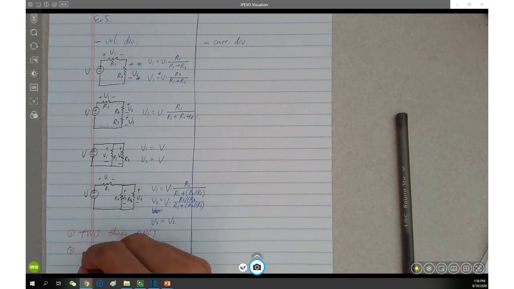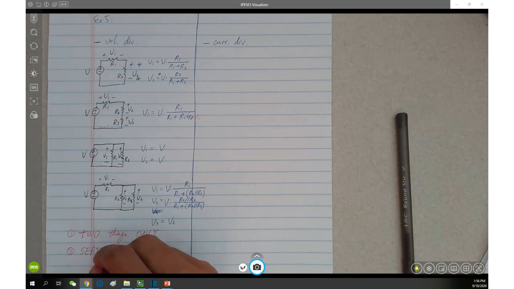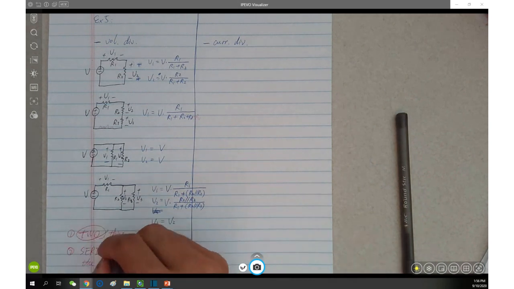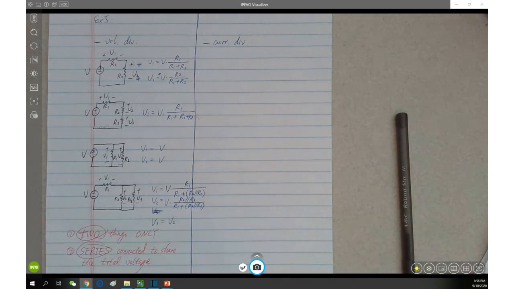Second thing is series connected to share the total voltage. Here I'm emphasizing two things. One is you are only dealing with two things, okay? Two resistors, we'll say, or two impedances. Okay? No more than two.